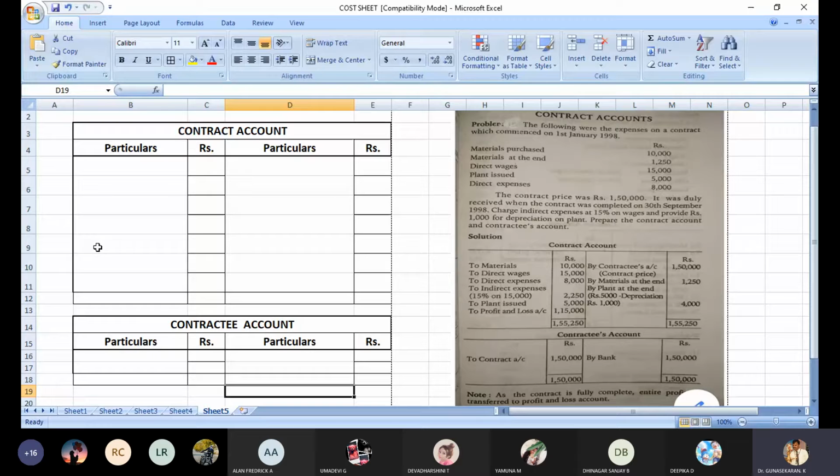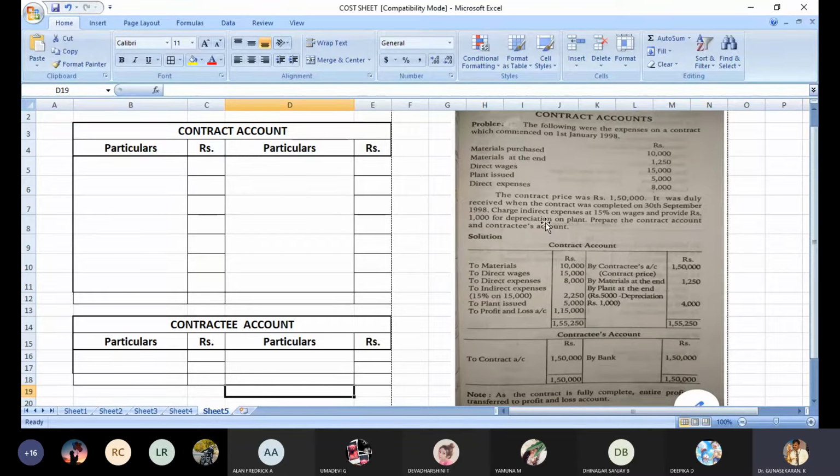Please. So the following were the expenses on a contract. Other expenses given in the problem: material purchased, and material at the end. That means closing stock of material, material at the end 1250. That material is closing stock of material. Direct wages and plant issue, direct expenses.